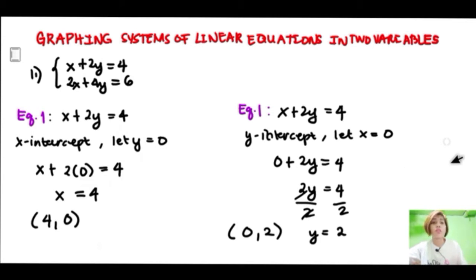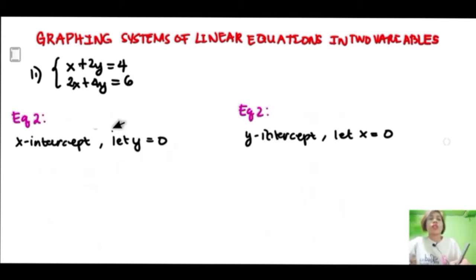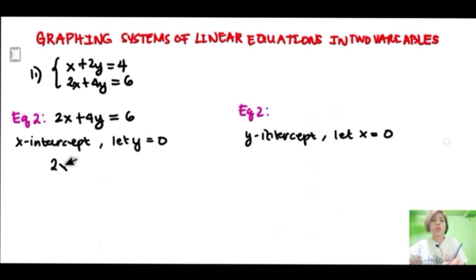Next naman is yung para sa equation 2. So, dito naman tayo sa equation 2, which is 2x plus 4y is equal to 6. So, first, x-intercept muna hanapin natin. Ganun ulit, we will let y be equal to 0. So, magiging 2x plus 4y means 4 times y and y is 0.